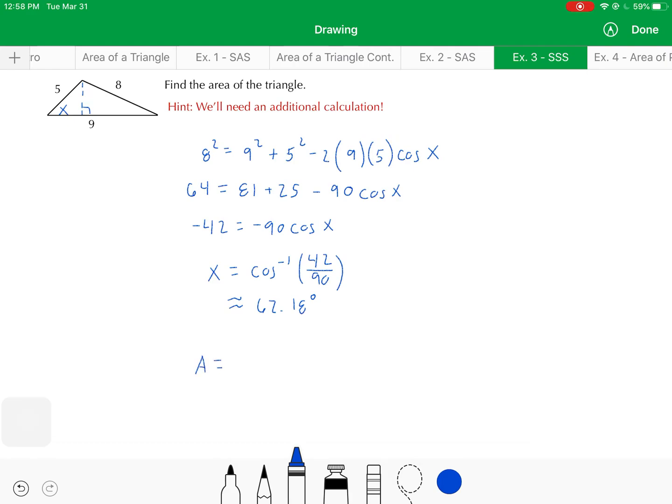Once we have that, we can apply our new area formula in terms of sine here. So area is going to equal 1/2 times, I'm going to have to do the two side lengths that that angle is included in between. So that would be 5 and 9, then multiplied by sine of that included angle.